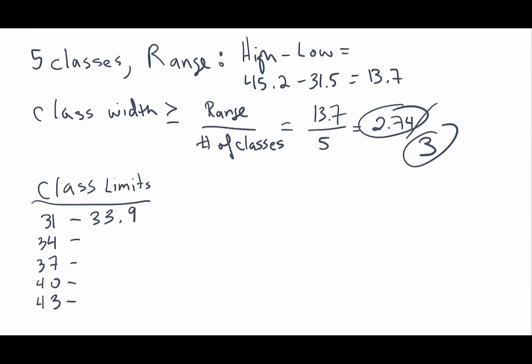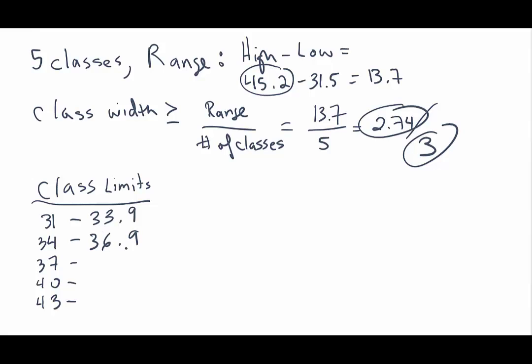Now we use 0.9 here because the data has one decimal place. This 45.2 has one decimal place, 31.5 has one decimal place. So all of the numbers are rounded off to the tenths place in the data. So it's okay to have limits that go out to the tenths place. So 33.9 is perfect. Now if I add 3 to that, I will get 36.9.